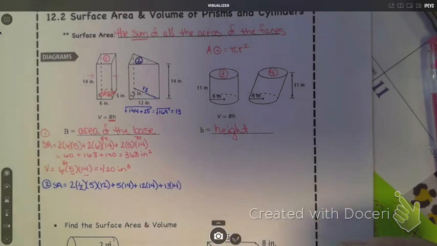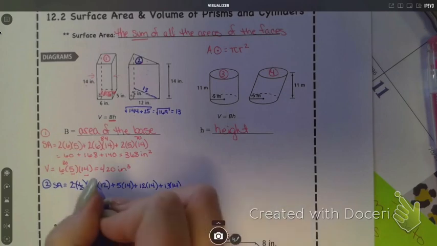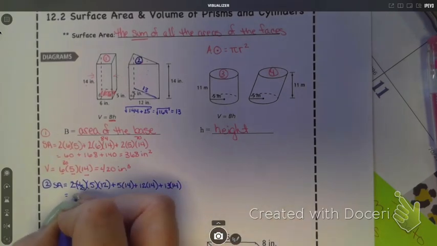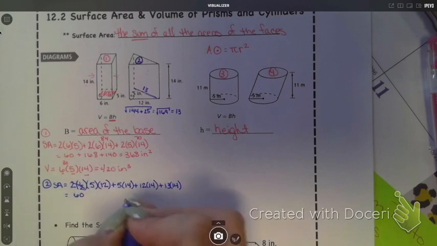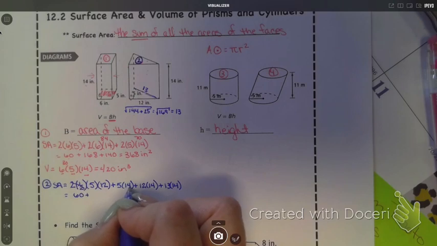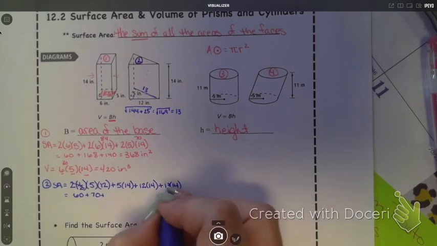Okay, so the half and the 2 reduce. So 12 times 5 is 60, plus 5 times 14, so 70, plus, I want to do 13 times 14.